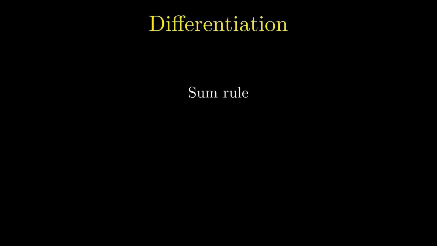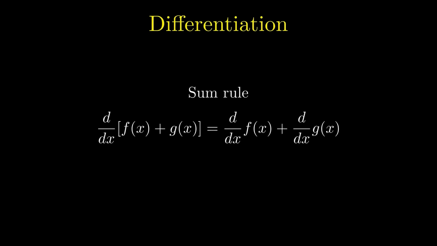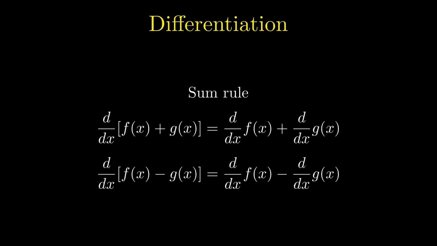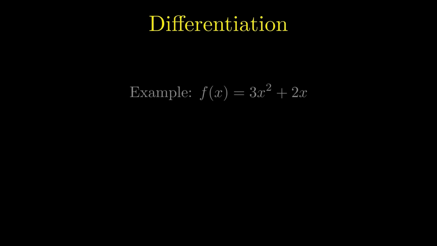Sum rule. The derivative of a sum of functions is equal to the sum of the functions' derivatives. d over dx of f of x plus g of x equals d over dx f of x plus d over dx g of x. Similarly, d over dx of f of x minus g of x equals d over dx f of x minus d over dx of g of x.